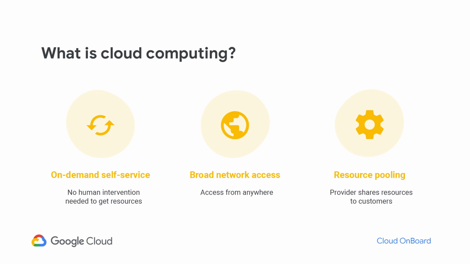You also have resource usage that can be monitored and reported on. So cloud computing is an ability where the customer doesn't have to know or care about the exact physical location of those resources; it's basically computing resources on demand or self-service.